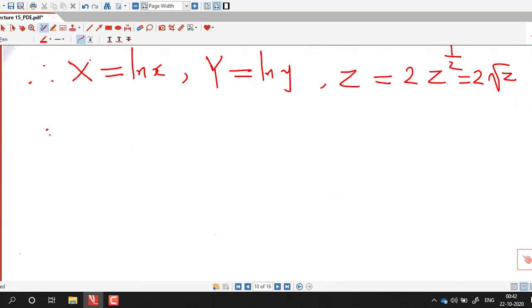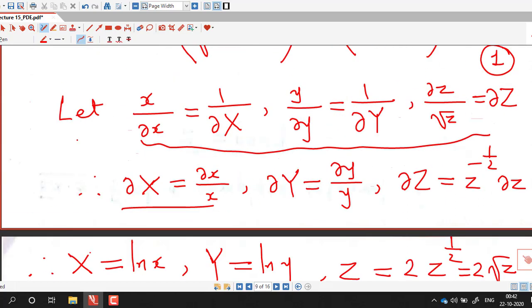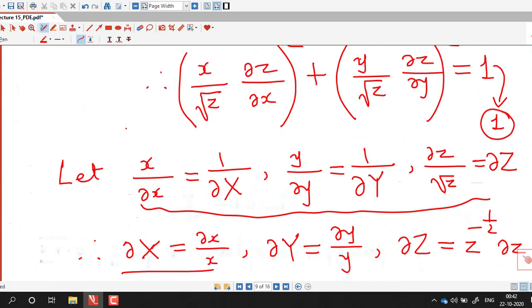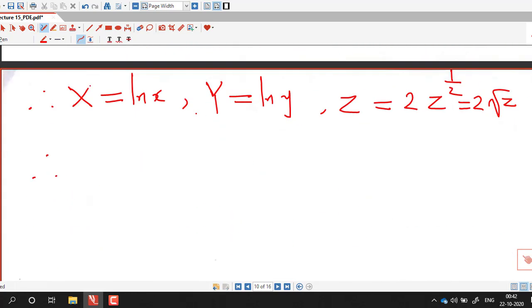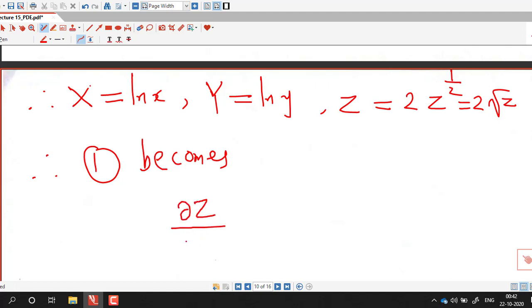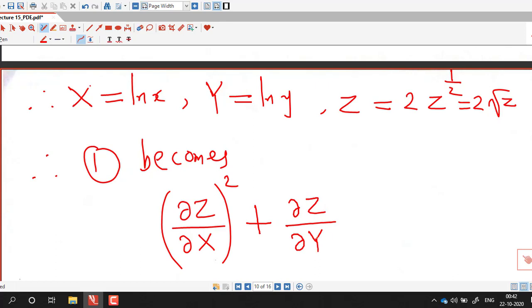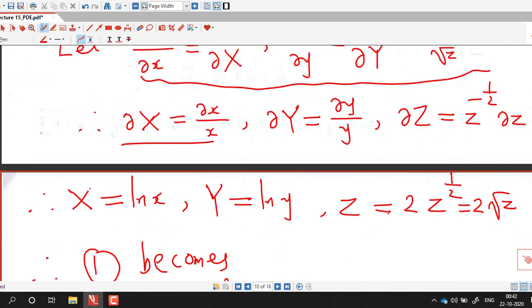So therefore equation 1 becomes del capital Z by del capital X whole square plus del capital Z by del capital Y whole square equal to 1.